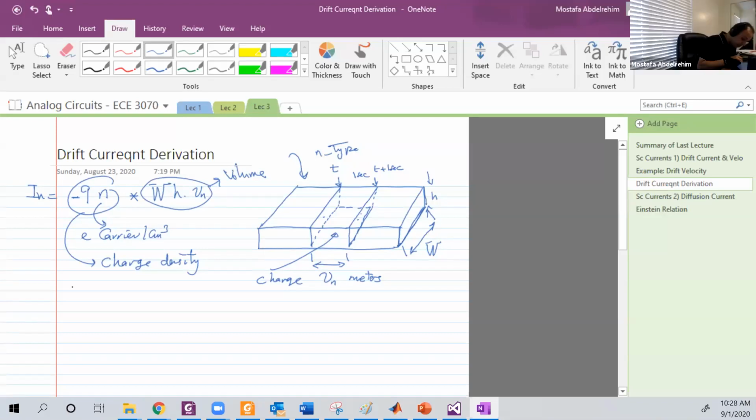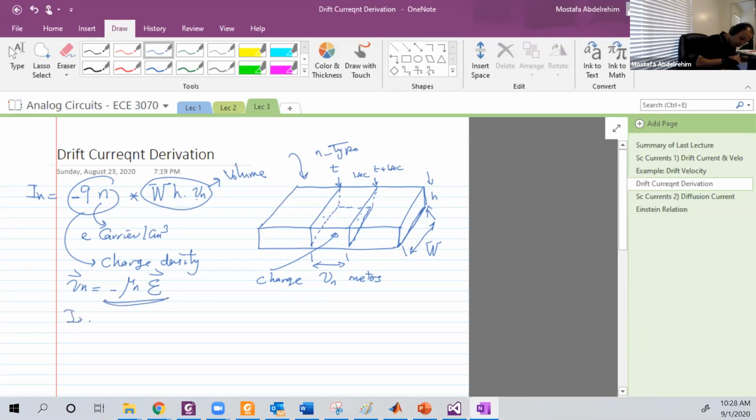Good. And you know, I'm sorry, yes, and you know Vn is equal to minus mu n epsilon. So we'll just take out Vn and put its value here.